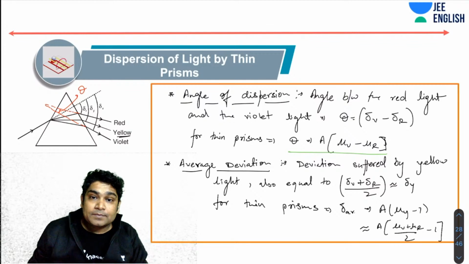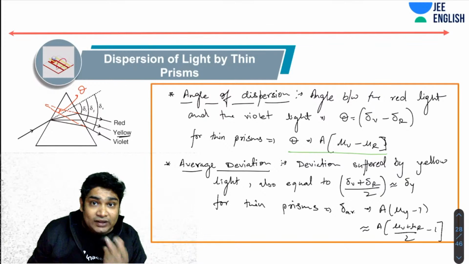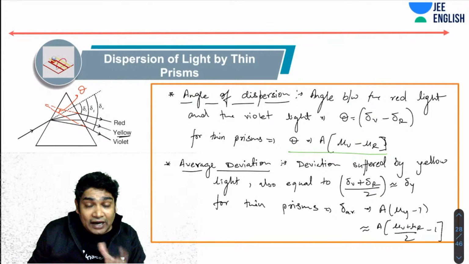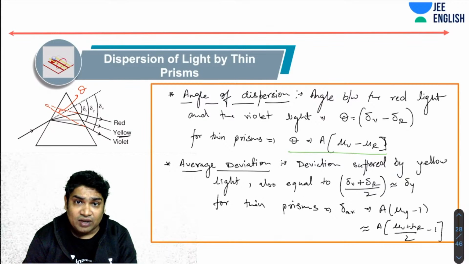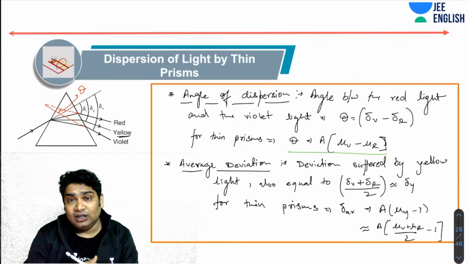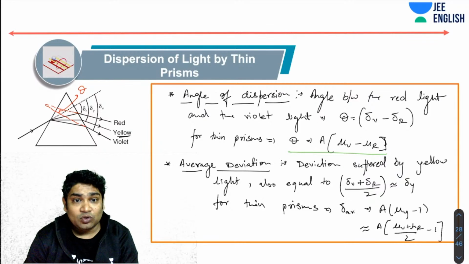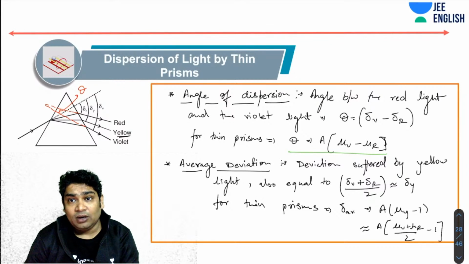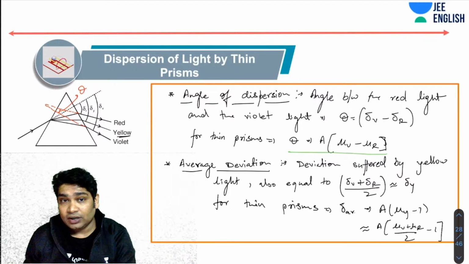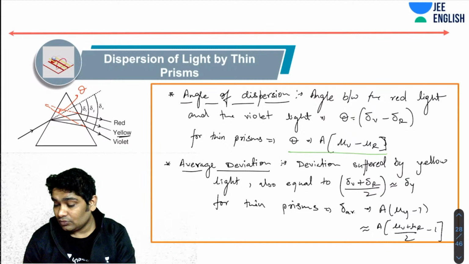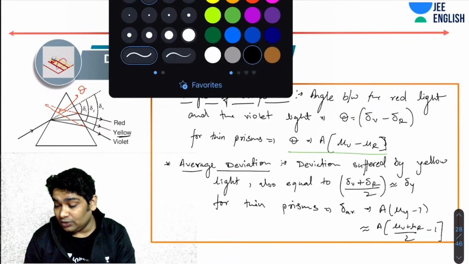Now you will also know one thing, whenever the refractive index is mentioned to you. When I say the refractive index of glass is 1.5, the refractive index of water is 4 by 3, which refractive index am I talking about? We usually refer to the refractive index corresponding to the yellow color. Please remember this. That's an important note that you must know.